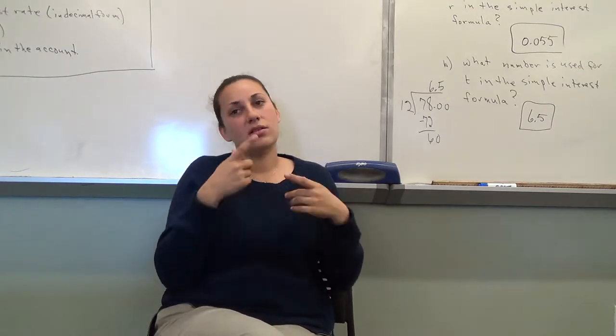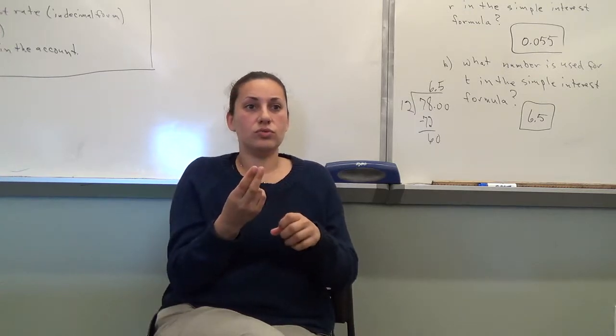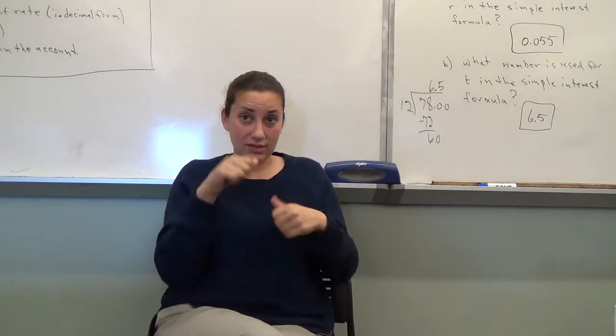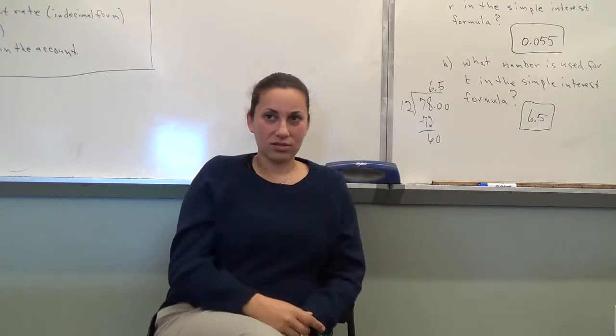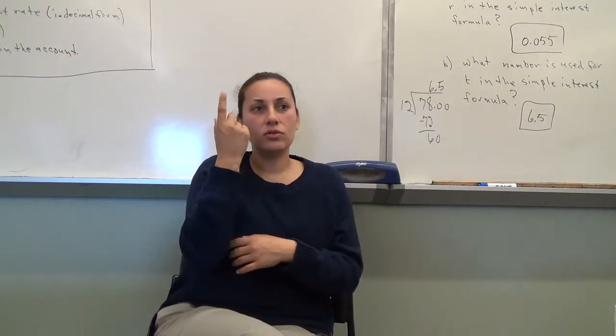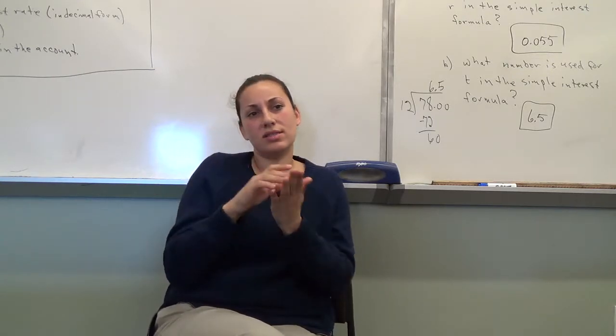So that's why Dr. Little said it's good to have a scientific calculator. But if you don't have one, you don't have to. If you understand the concept behind it and understand how to use it, then you can always borrow somebody's calculator or whatever to figure it out.